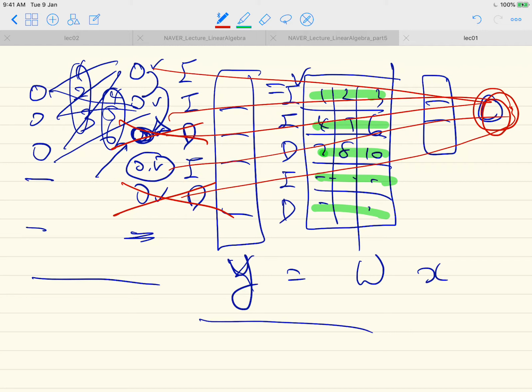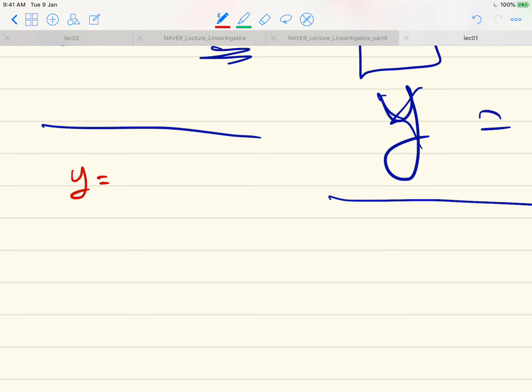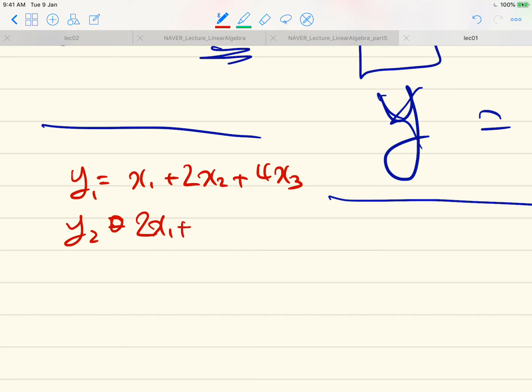But the nonlinear units are applied to each of these different linear combinations. For example, y1 equals x1 plus 2x2 plus 4x3, and suppose that is the first node, and y2 is 2x1 plus 4x2 plus 6x3. So certainly y2 is linearly dependent on y1, right? Up to the linear layers, it has no effect.